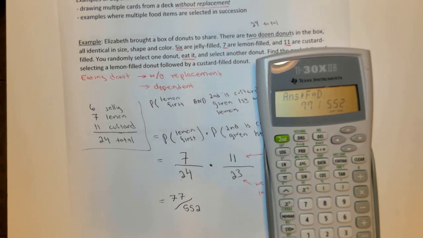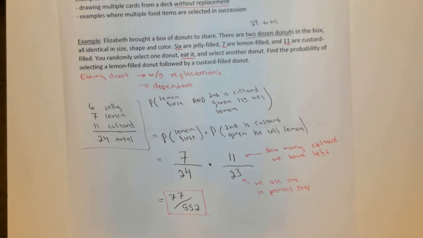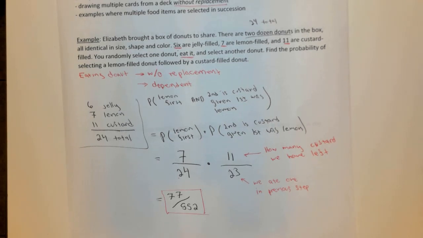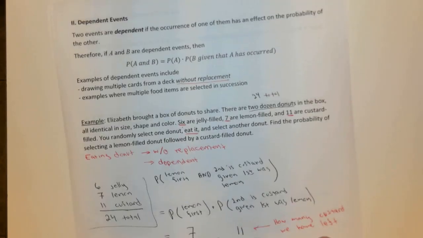So 77 over 552. That is a normal answer you're going to get, especially with the dependent examples. Sometimes the dependent examples do not reduce. If that happens, you'll have to reduce those by hand. But it's doable. All right.